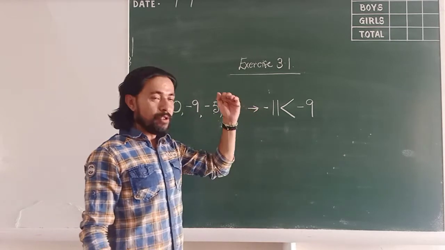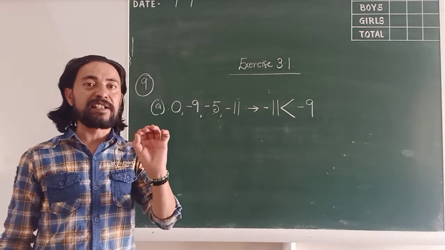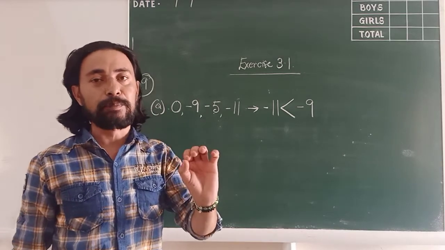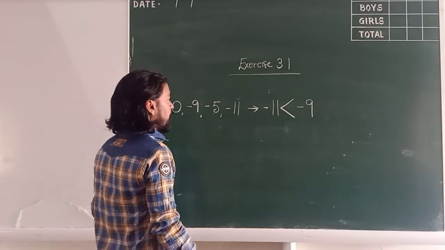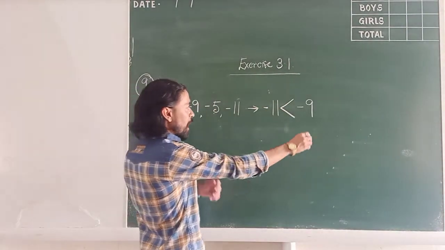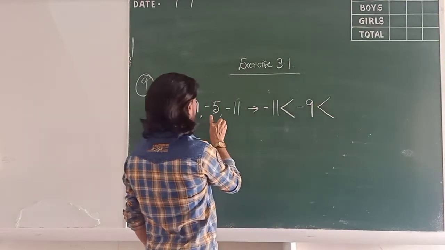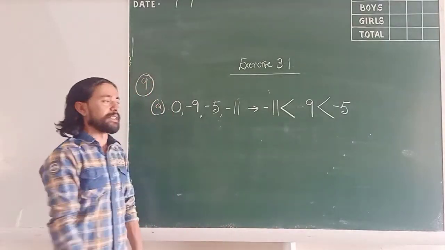Greater number, smaller value. In negatives, it always runs the opposite of what happens in the positives. I have told you again and again. Now minus 11 is smaller than minus 9. Minus 9 is smaller than minus 5 because minus 5 is greater than minus 9.